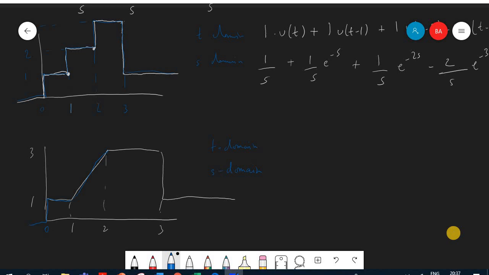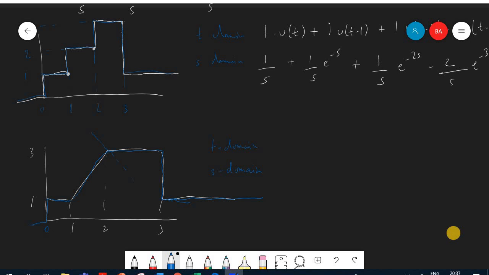If my ramp input became a straight line, it just means that there was another ramp input that cancelled out the effect of this ramp input, and because it cancelled the effect, it became a straight line. And then there was a step input, and then nothing happened, so it stayed like a straight line.